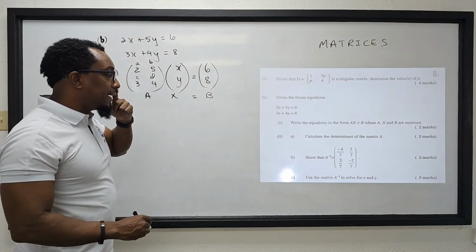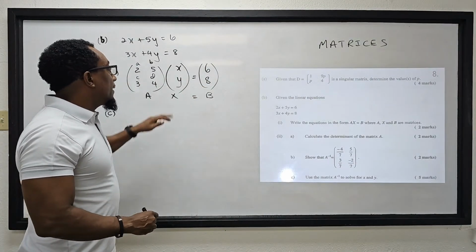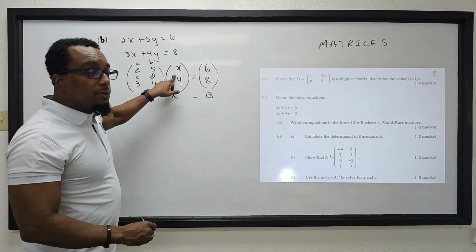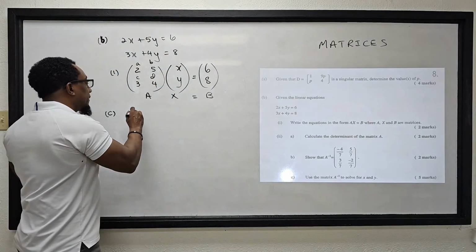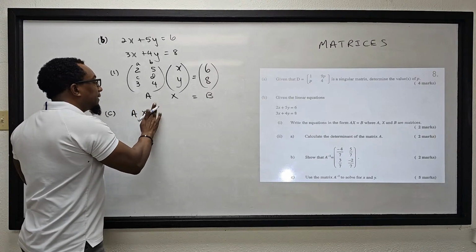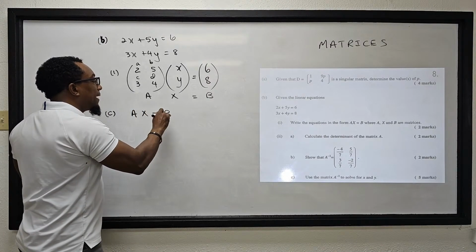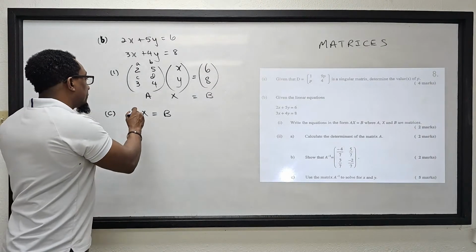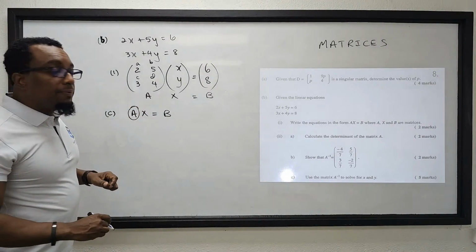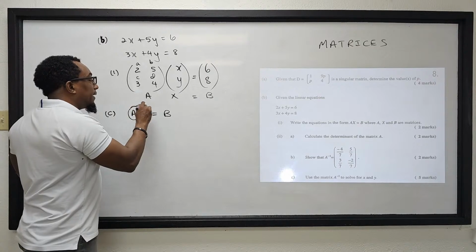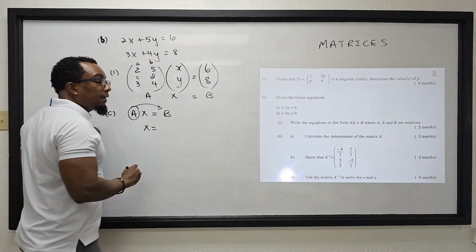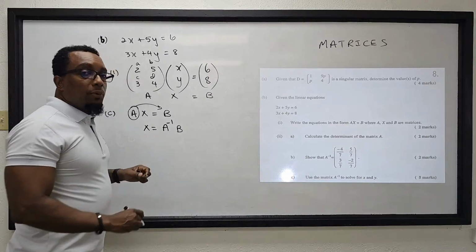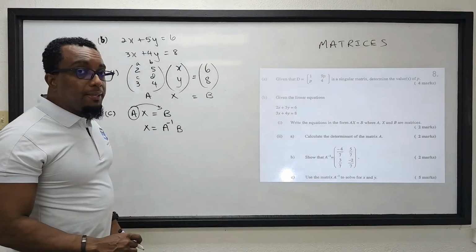So in order for us to get x and y, represented by X, X here represents the unknowns. And in math, anytime you have to get the unknown quantity by itself, in this case I need to get X by itself, I need to remove A. So when I bring A over to the right, A comes across to the right as A inverse, which must be placed in front of B.